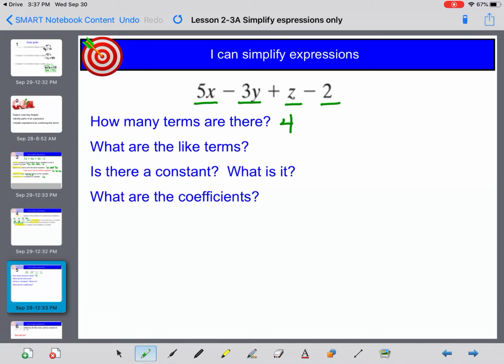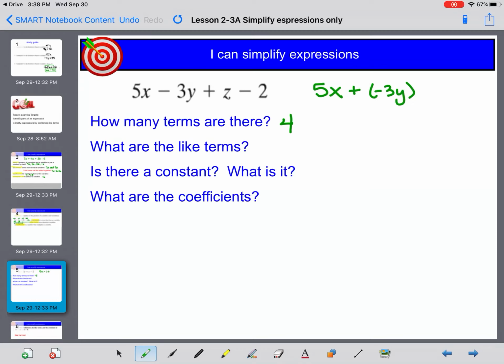Now, anytime that you're using an expression, let's convert all of these subtractions to adding the opposite. So to get us started, let's rewrite this as 5x, change this to adding negative 3y plus, and then put in a coefficient if you have a variable that doesn't have a coefficient listed.